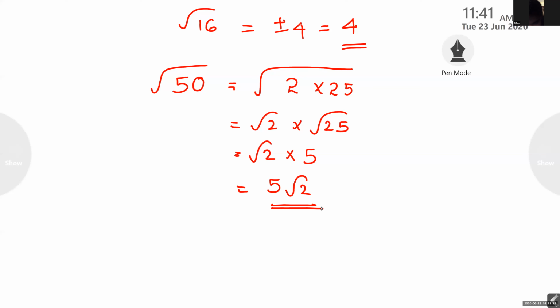Once more I'll explain. If you get the square root of a single-digit or two-digit number, like 8, you can write it like this. If possible, for simplification and calculation, you can reduce root 50 into a very simplified form.